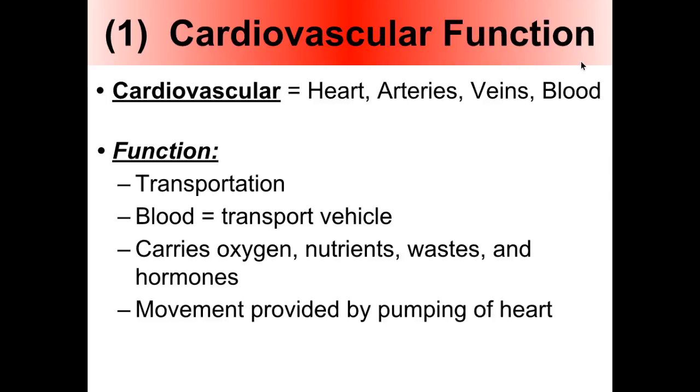We get rid of carbon dioxide in it, and through the kidneys, the liver, and the lungs, we get rid of other things that our body doesn't need and can't break down on its own. So it's our transport system. And the heart itself is responsible for that pumping action to get blood to all of our cells and through the veins and arteries, and bringing it back to get rid of all of the waste.